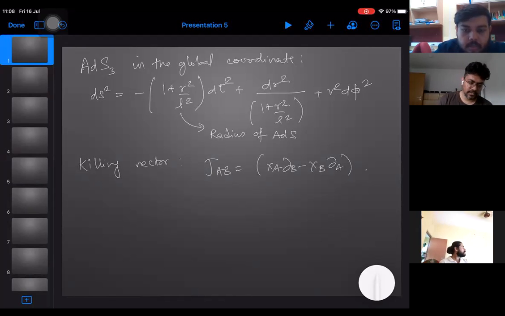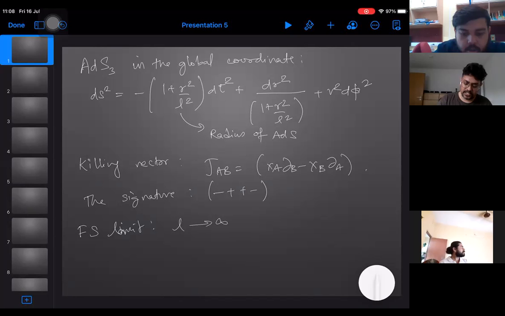So for the Killing vectors, the signature of the metric in the embedding space is minus plus plus minus. Once you have this, you take the flat space limit, where L tends to infinity.